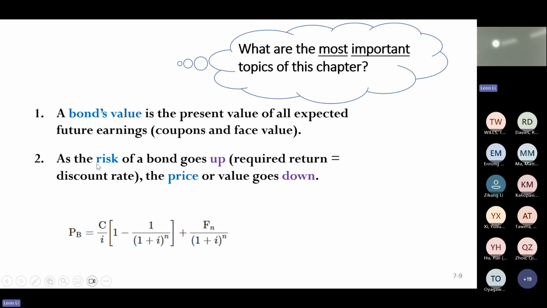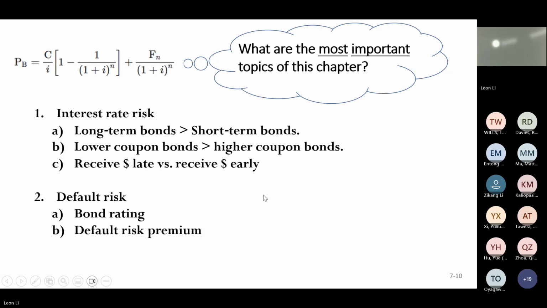So as the risk of the bond goes up, that means the required return goes up, or the discount rate goes up, and the price of the bond goes down.